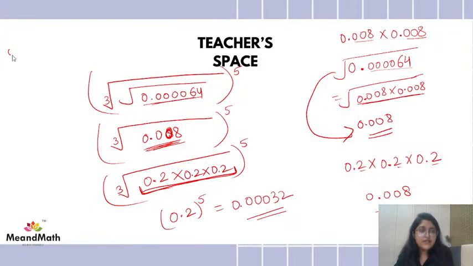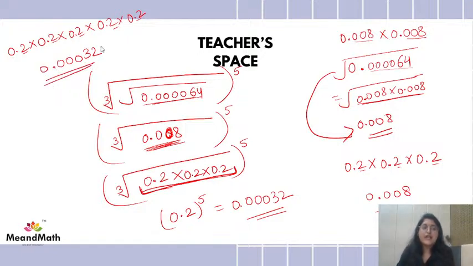I multiplied 0.2 five times: 1, 2, 3, 4, and 5. 2 times 2 is 4, 4 times 2 is 8, 8 times 2 is 16, 16 times 2 is 32. So 32, and how many places do we need after the point? 1, 2, 3, 4, 5. 2 we already have. 1, 2, 3. 1, 2, 3, 4, 5. So we got this as the answer.